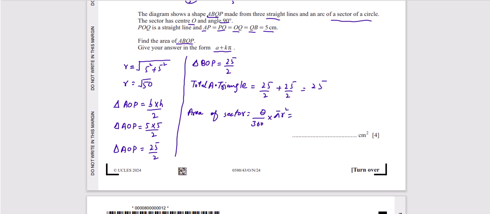The theta is 90, the given angle is 90, divide with 360 multiply with pi. Do not put the value of pi because our answer should be in the form of pi.